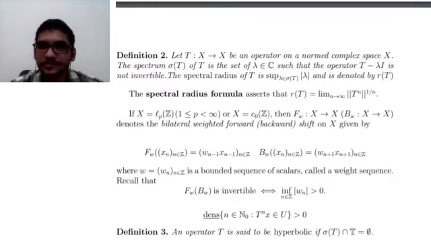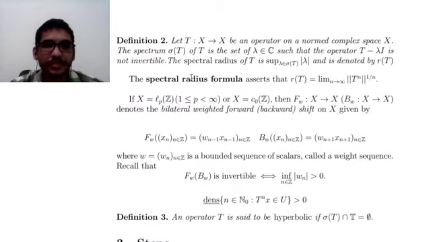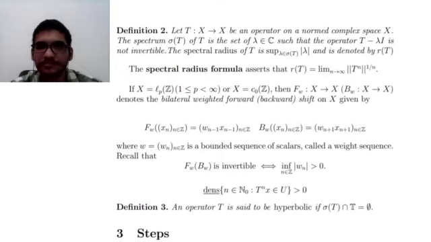Okay, the spectral radius formula asserts that r(T) is equal to the limit of the norm of T^n to the 1 over n when n goes to infinity.